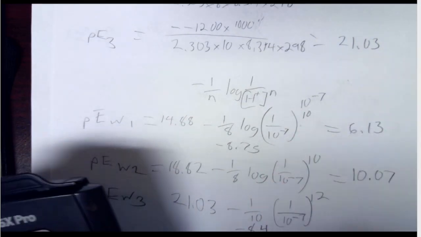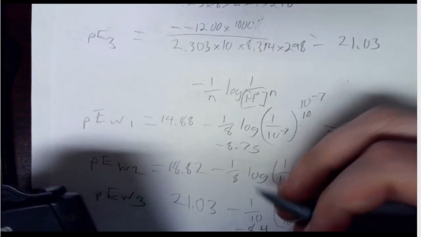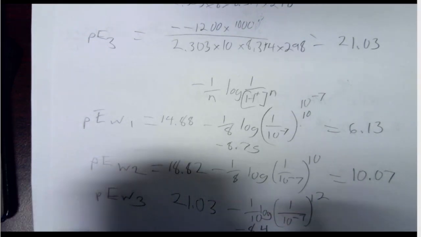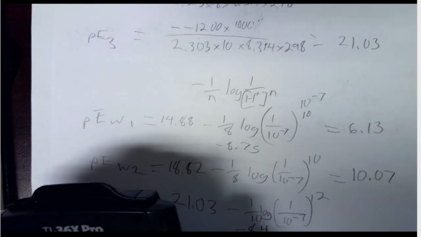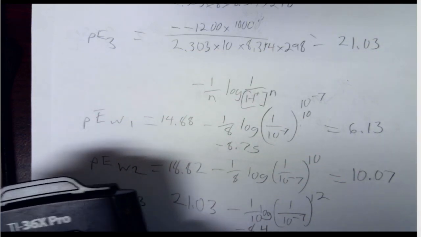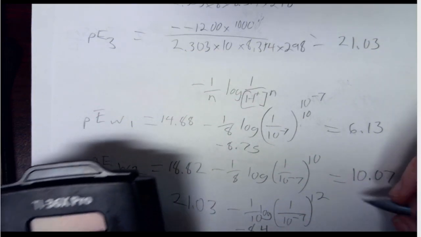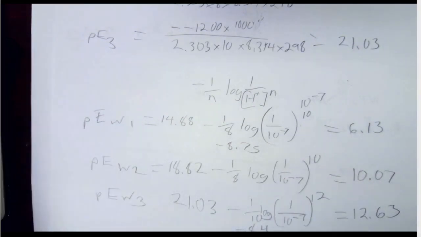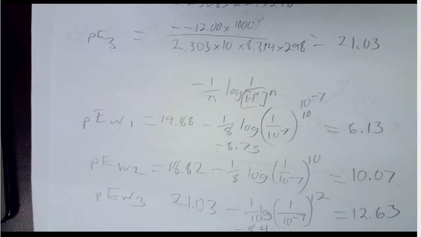So it's actually a little bit less of an effect than the other ones. So this is a PE of 12.63. So that's our actual reduction potential at those values.